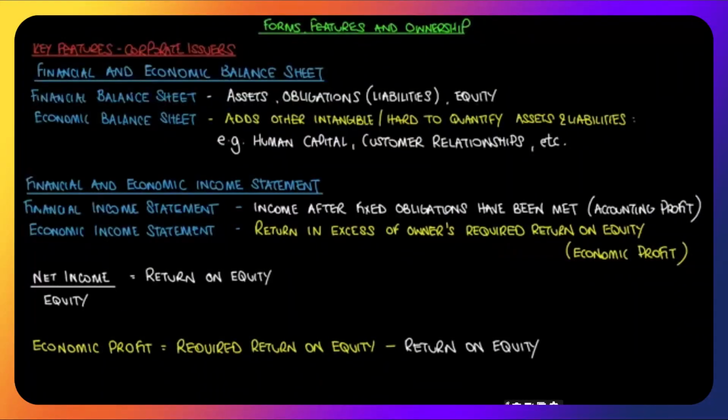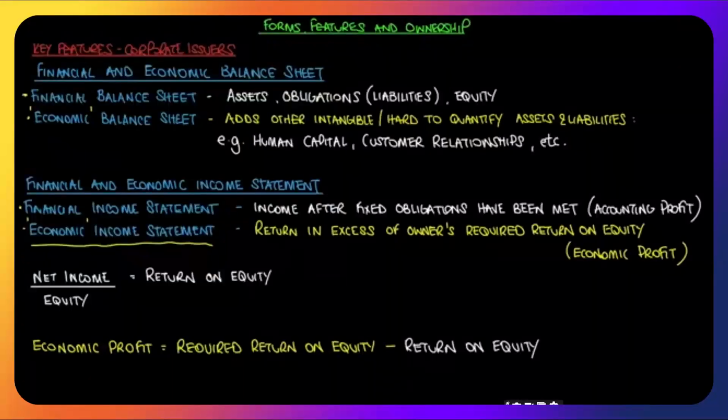Well, 2 terms here. The financial side of it, so we can talk the financial balance sheet and the financial income statement, and the economic side of it, the economic balance sheet and economic income statement. This term, particularly this one, you've seen before in, appropriately enough, economics.